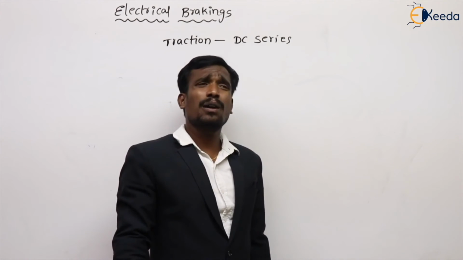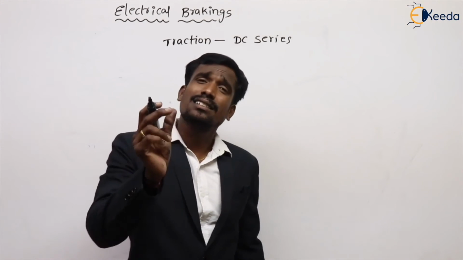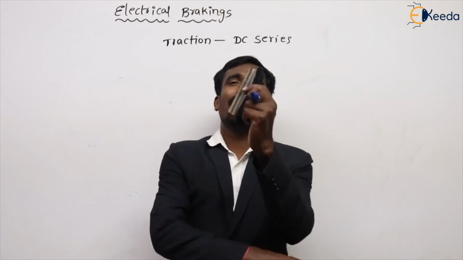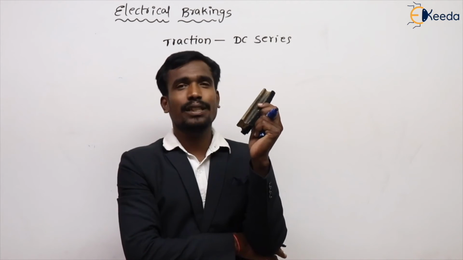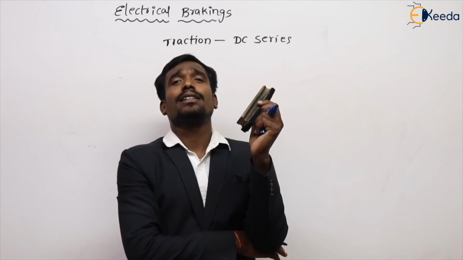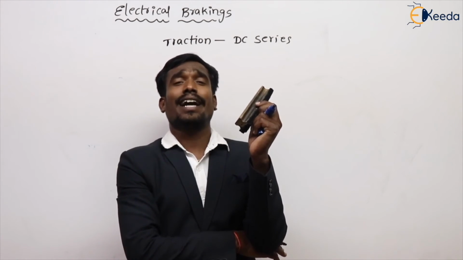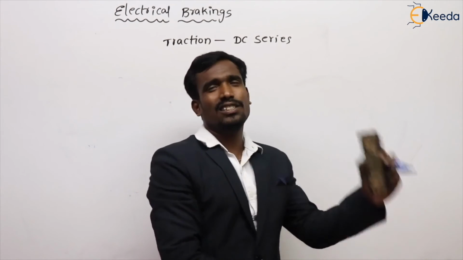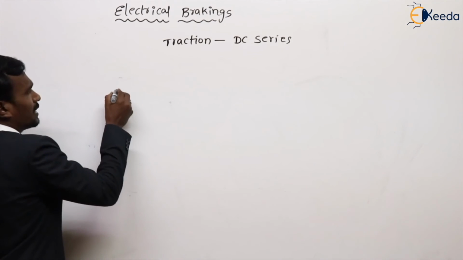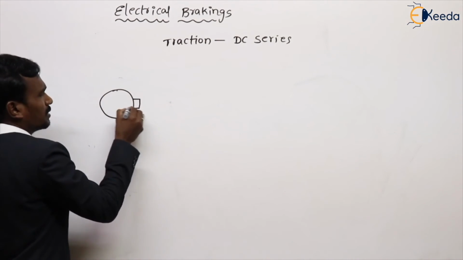So, are the n DC series motors connected in series or parallel? Tell me. Can you give me the answer? Of course, we are using DC series motors. Which connection is better, series or parallel? Let's check it. For example, I take two DC series motors.